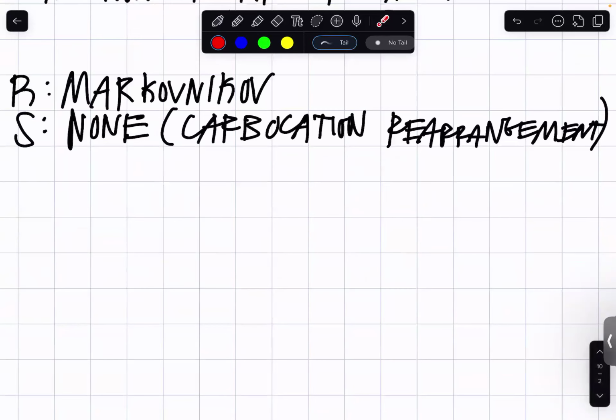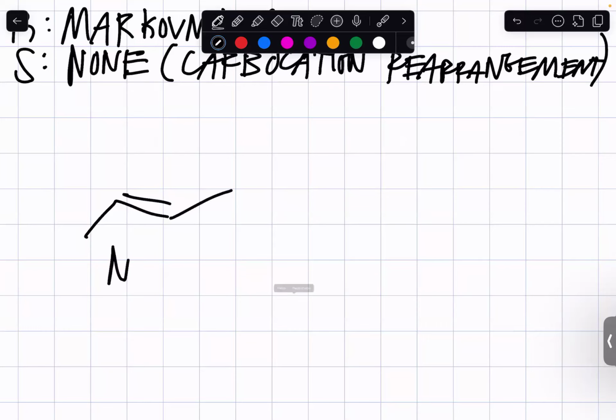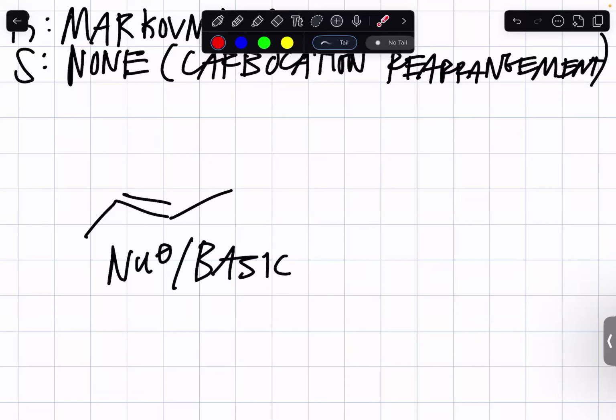Okay. So let's say we start off simple. Well, before we get into that, let's talk about alkenes, right? Alkenes are nucleophilic and basic, because there is an area that is so concentrated in electrons because of the double bond right here.